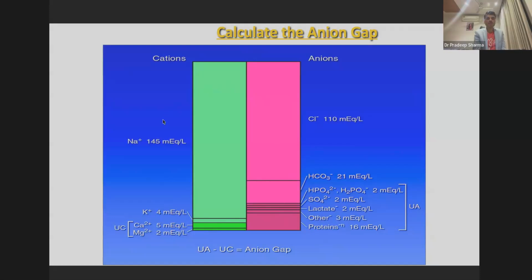So if I do with the measured ones, sodium plus potassium, this will become 149 minus the measured anions, I mean 110 plus 21. So they will become 131. So 149 minus 131 is equal to 18.